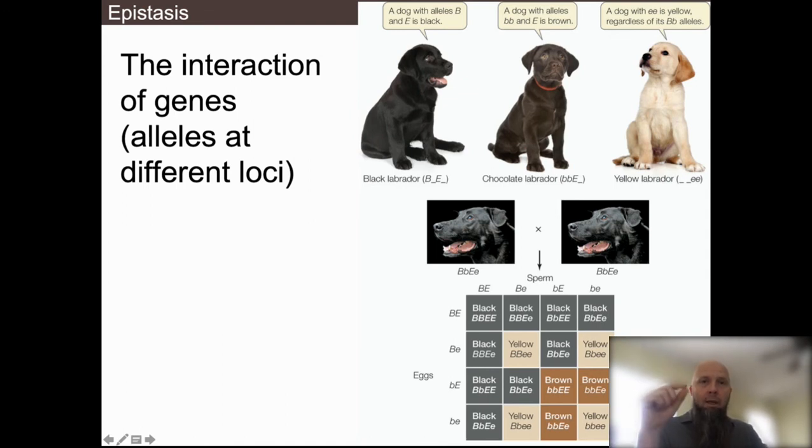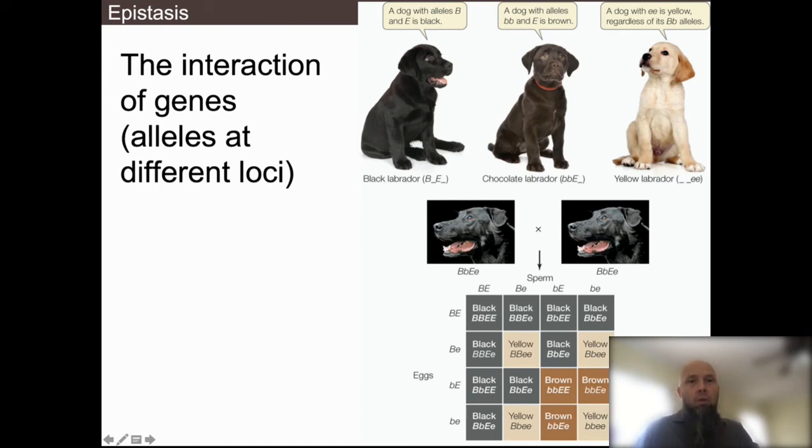So if the dominant allele is black, so if you've got a big B in this case, then the puppy is going to be black, okay? And if you are homozygous recessive for B, that produces only brown coloration. So chocolate labs are homozygous recessive for the black color allele, so they are brown. Black labs can be either homozygous dominant or heterozygous. One copy of that dominant black allele, you get black hair.